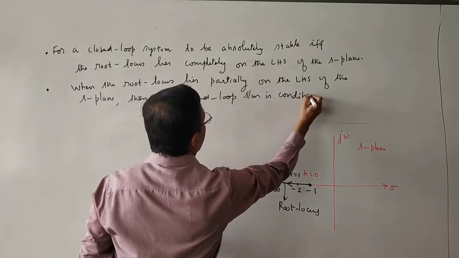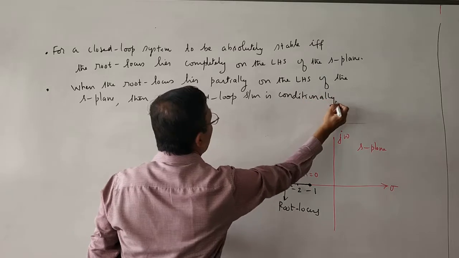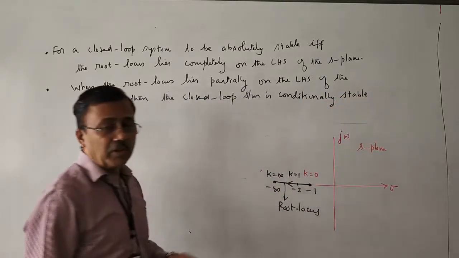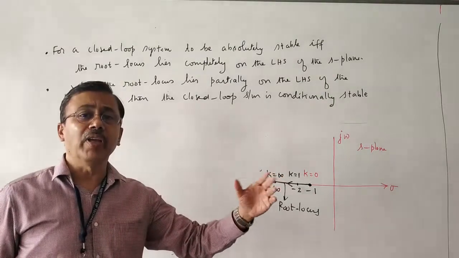That means system is stable only for certain values of k. In other words, for certain values of k, system will be unstable.